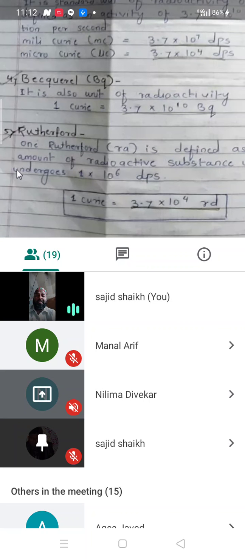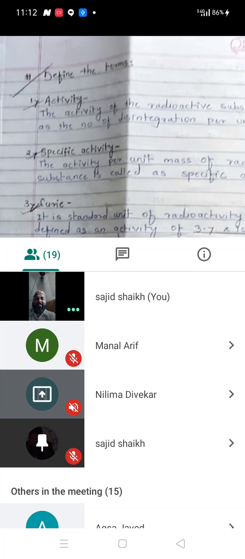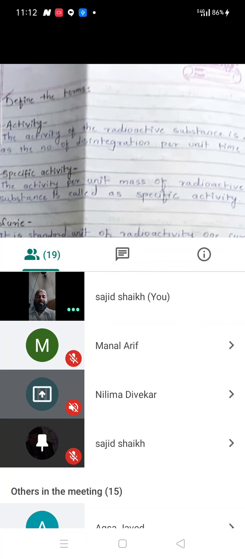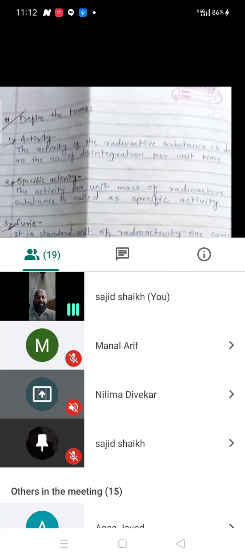Now we have to see the basic terms. Activity of any radioactive substance is defined as the number of disintegrations per unit time.